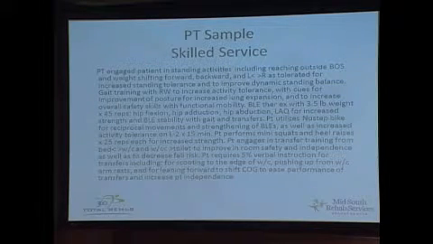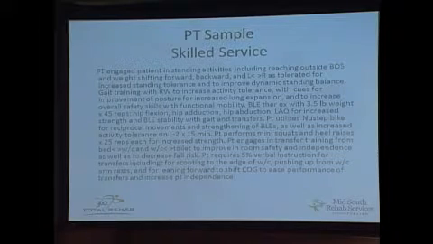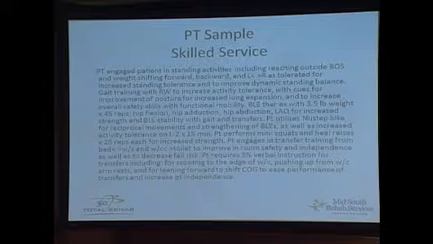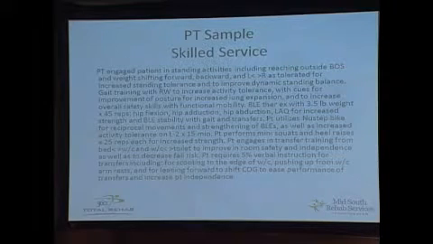So here you go. PT engaged patient in standing activities, including reaching outside the base of support and weight shifting, forward balance, left, right as tolerated for increased standing tolerance and to improve dynamic standing balance. For gait, notice they're saying as they go along, that's what I did for balance. Now for gait training, this is what I did.